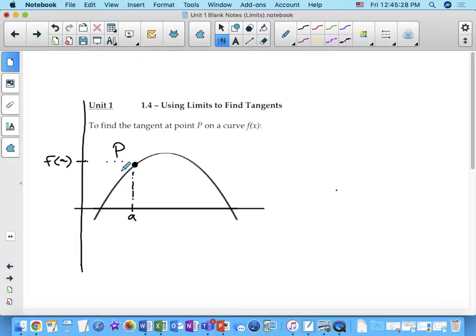And we moved Q closer and closer to point P and recalculated the slope.